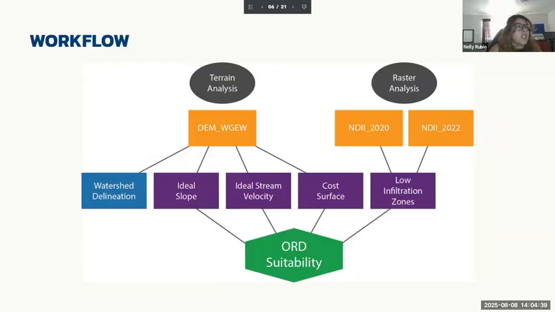My workflow consists of a terrain analysis for logistical and geomorphic criteria and a raster analysis for seasonal NDII variation. Using Landsat imagery, I'll be able to identify low infiltration zones, which will go in use for my final ORD suitability map.